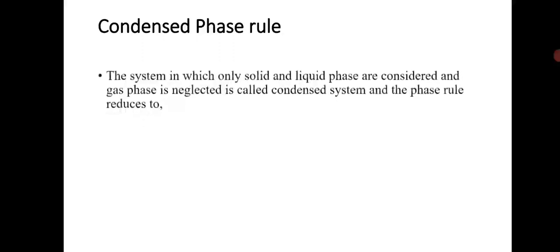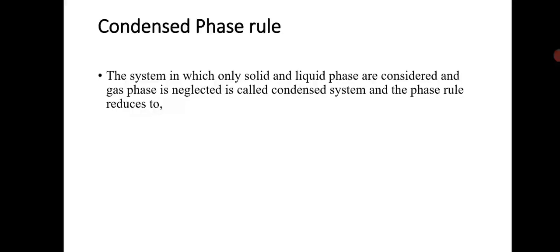Let us consider a solid liquid equilibrium of an alloy. It has practically no gaseous phase. The effect of pressure is negligible in that case. Therefore, the experiments are conducted under atmospheric pressure. The system in which only the solid and liquid phases are considered and the gas phase is ignored is called a condensed system.